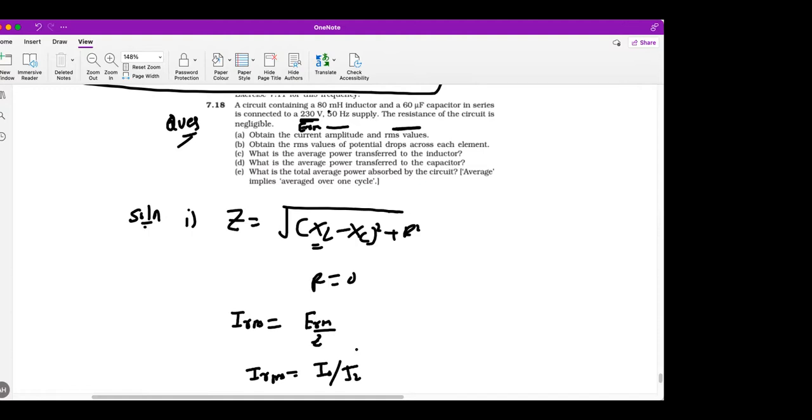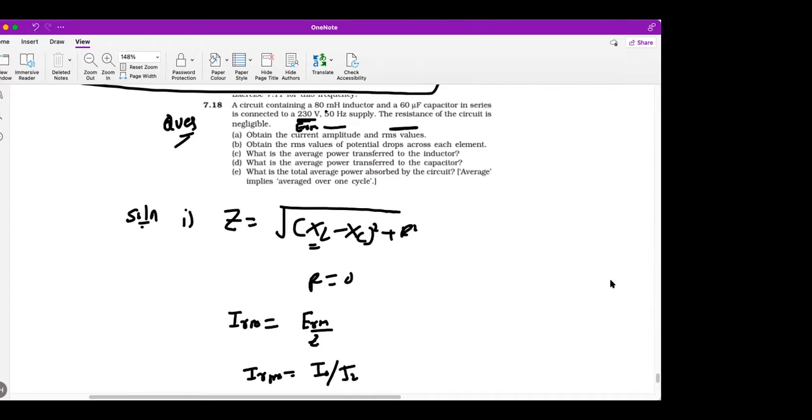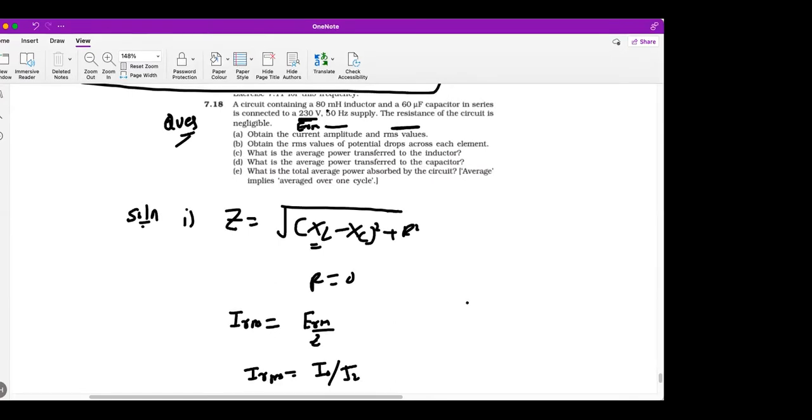Okay. Amalia, are you solving it? So what does the second question mean? What does the second question mean? RMS value of potential drop.